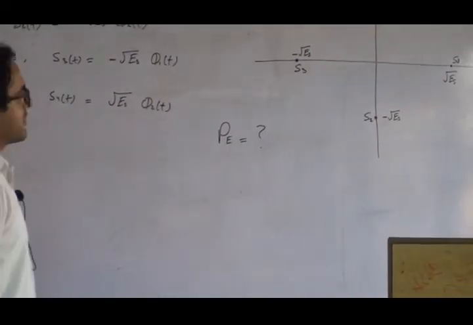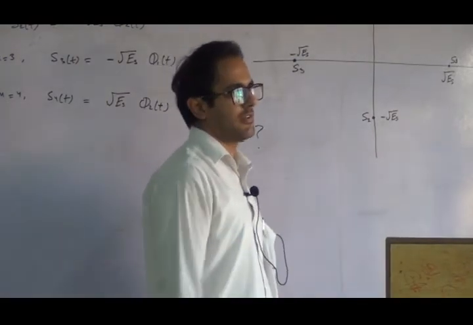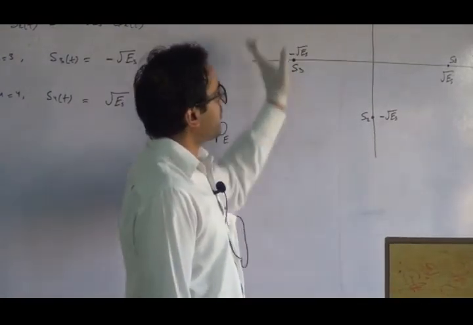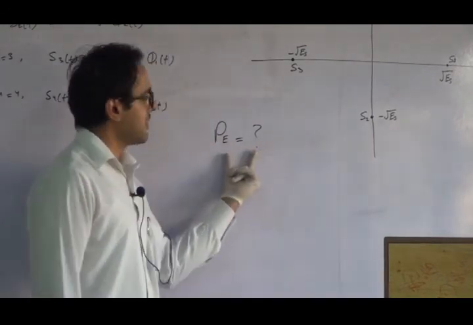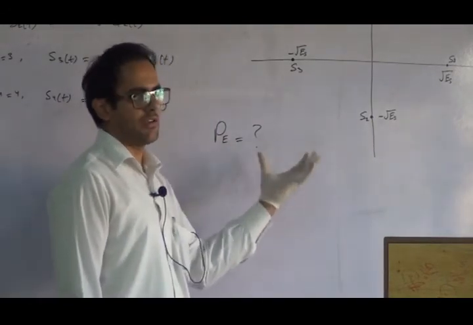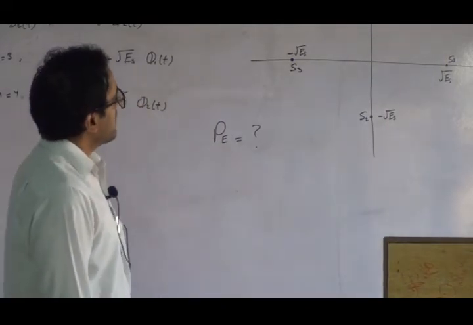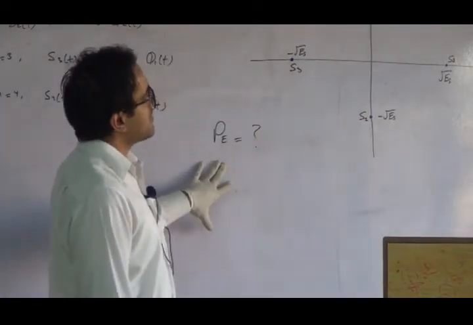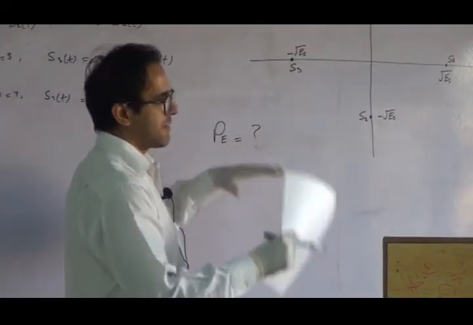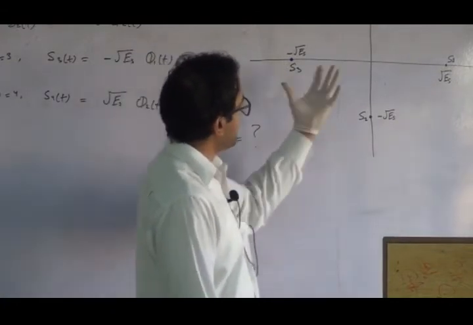In the last lecture, we saw an example in which we had 2 basis functions and 4 different signals, right? And we computed the probability of error in a very nice, simplified Q function form there. It turns out that the same answer will be valid here as well, even though we have a slightly different constellation.